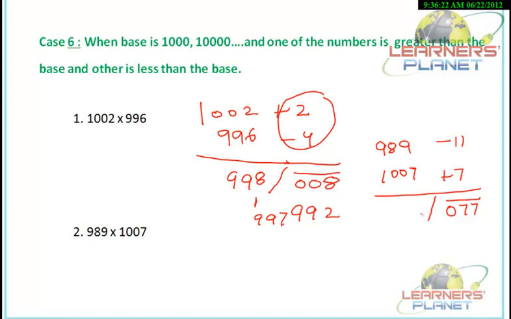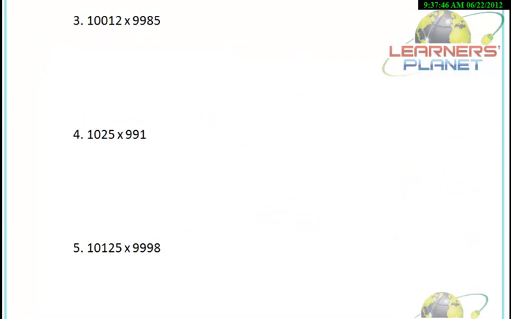The 989 plus 7 is 996. Now we have to deduct 1 from this and we have to deduct 077 from 1000. So it's 995. So the final answer is 995923. The very big numbers but very interesting and very small calculation. Okay, let's take more problems.